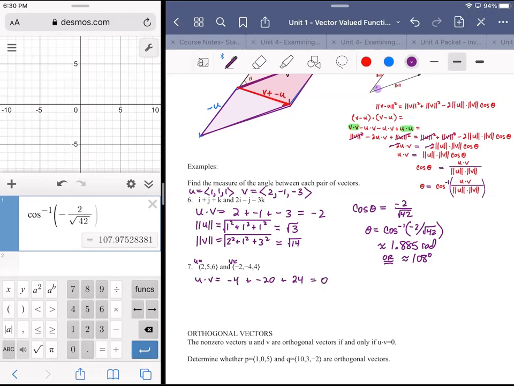Now on the bottom, when we figure out our cosine of theta, we need to get the product of the magnitudes of u and v. Now, because the top is equal to 0, I honestly do not care one bit what that denominator is, as long as it's not 0. Right?